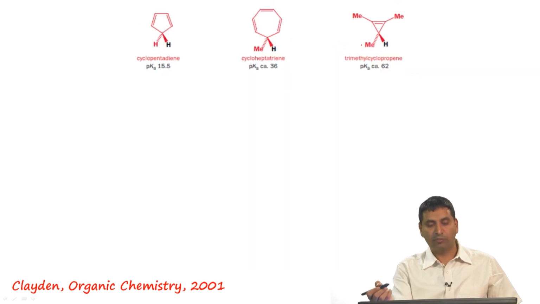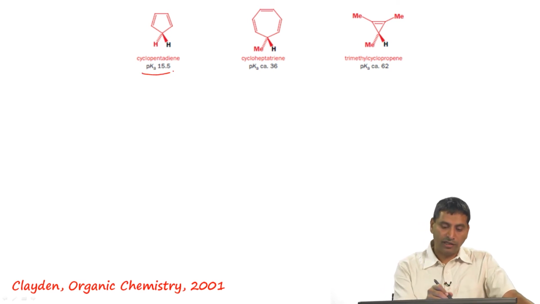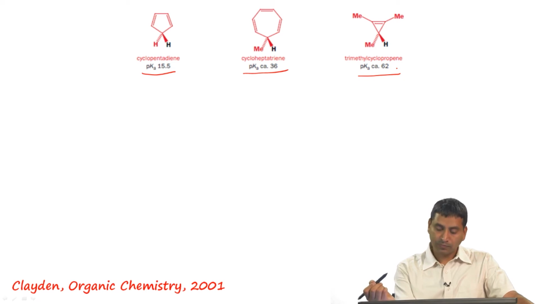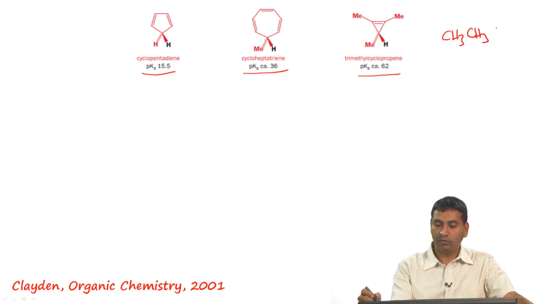Let us look at one more example. Here, this is an example of a carbon acid. So, if you take cyclopentadiene, the pKa is 15.5, whereas in the case of cycloheptatriene, the value is 36, and trimethylcyclopropene is 62. So, to put these numbers in perspective, for CH3, the value is somewhere between 40 to 50. Okay.